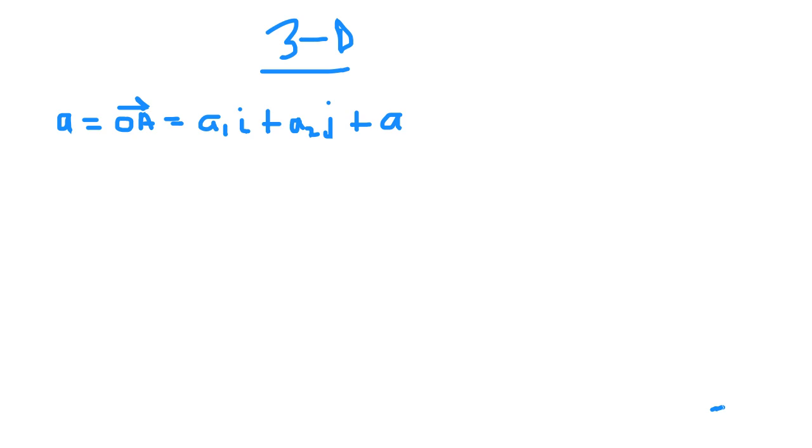All right. And you have another vector B, which we can call OB. And we say B representing it in Cartesian, it's B1i plus B2j plus B3k.